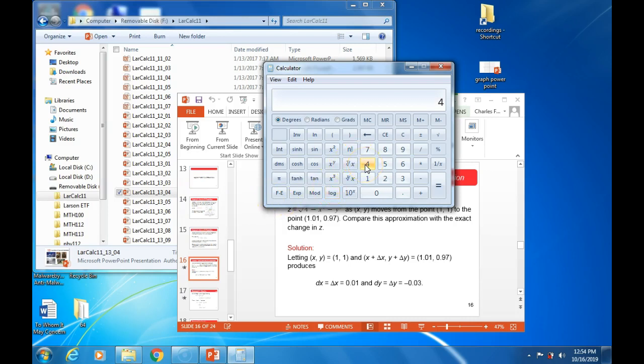So that would be 4 minus 1.01 squared minus 0.97 squared, equal, and then take a square root of that, which is here, and then subtract from that the square root of 2.